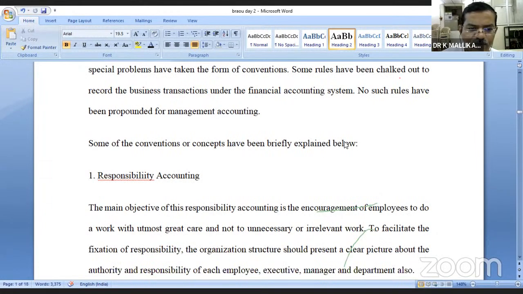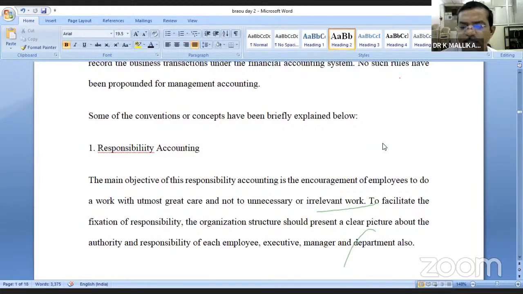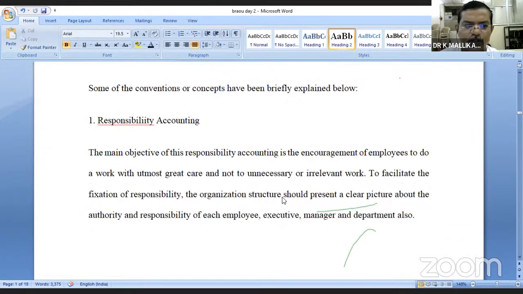Responsibility accounting. The main object of responsibility accounting is to encourage employees to work with utmost care and not to do unnecessary, irrelevant work. Every employee knows that it is my institute, it is my company, so I need to work properly. It is the responsibility of each employee, executive, manager, and department.